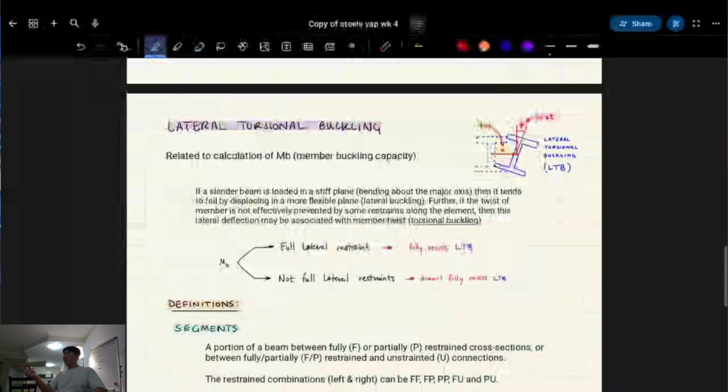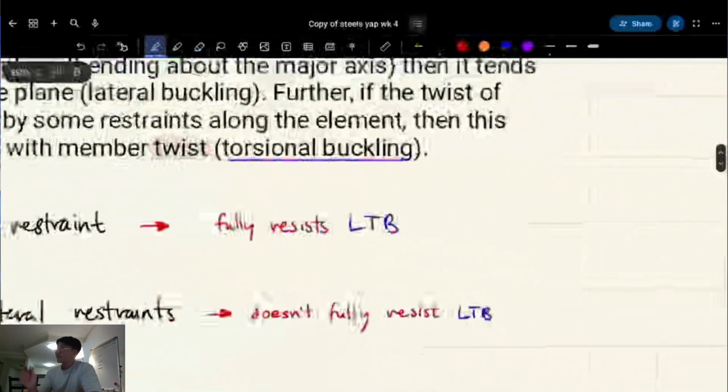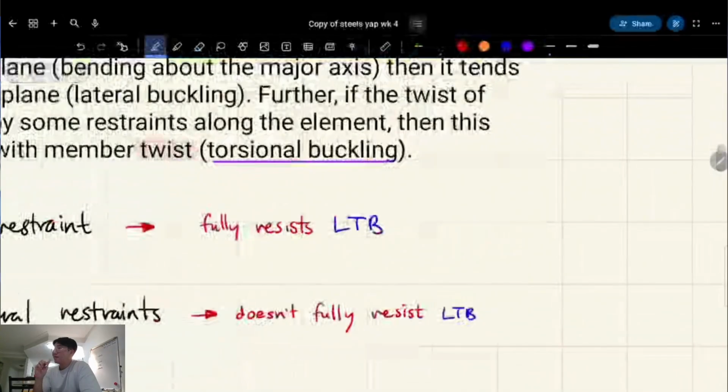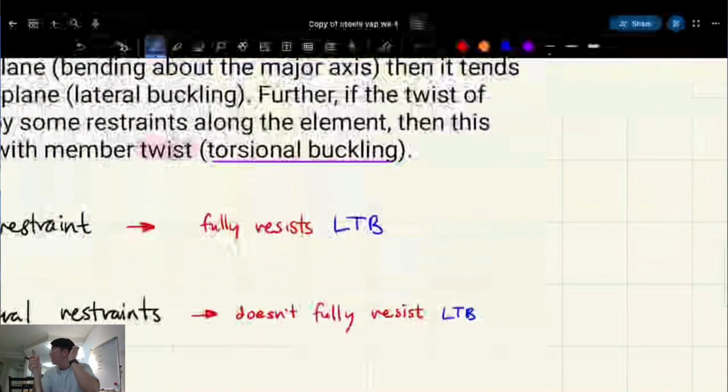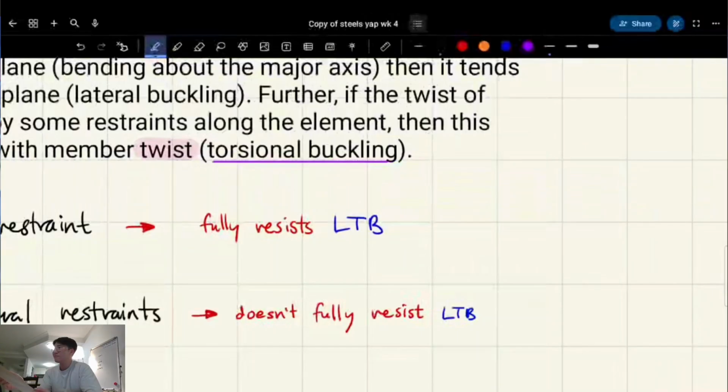Do you think the top? Yeah, the top, because the top is under maximum compression in bending. You're completely right. You have to essentially restrain the part that's going to laterally torsionally buckle, and it's a compressive flange most of the time.